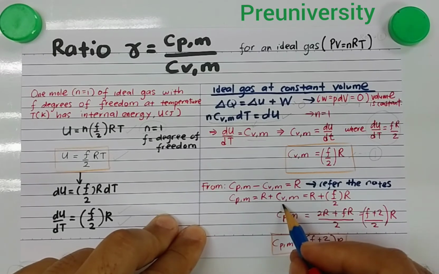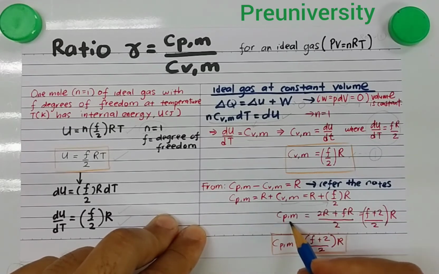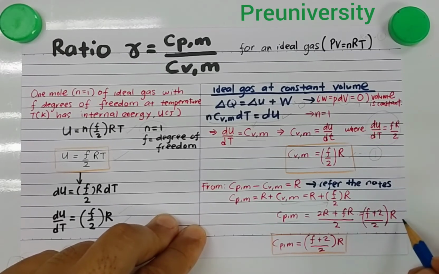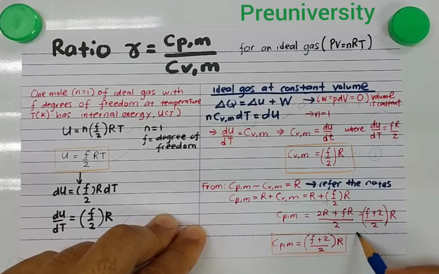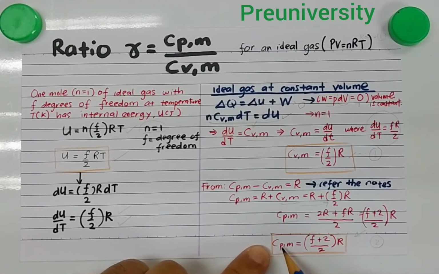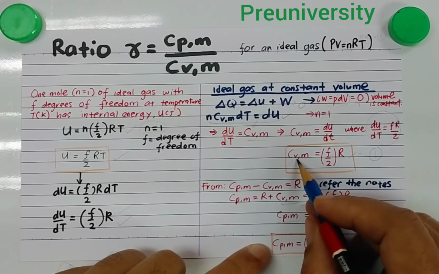We replace the CVM with F over 2 R. Therefore, you can get the equation CPM as F plus 2 over 2 R. So this is the equation for the molar heat capacity at constant pressure, and this one is the molar heat capacity at constant volume.